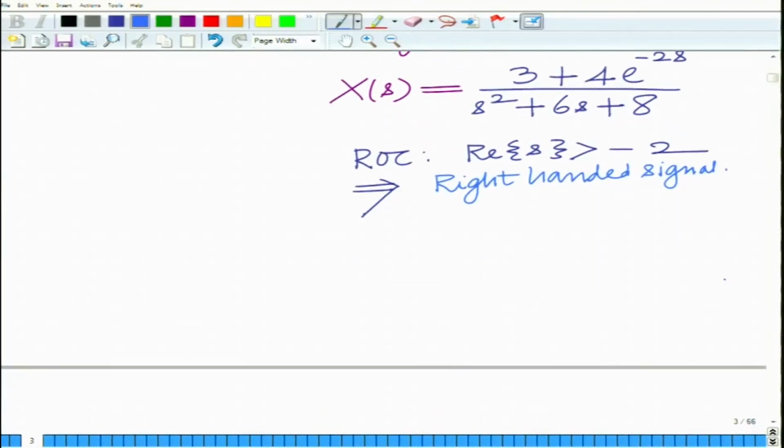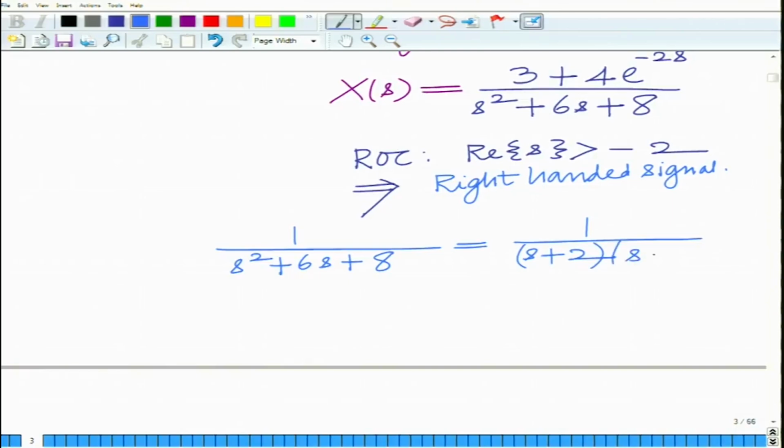Now, we start by considering 1 over s square plus 6s plus 8, which is equal to 1 over (s plus 2)(s plus 4), that has the partial fraction expansion half times 1 over s plus 2 minus half times 1 over s plus 4.